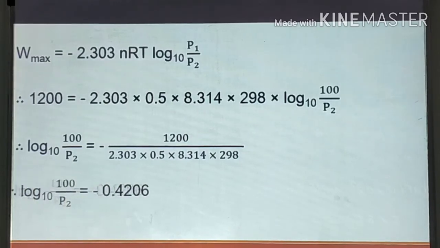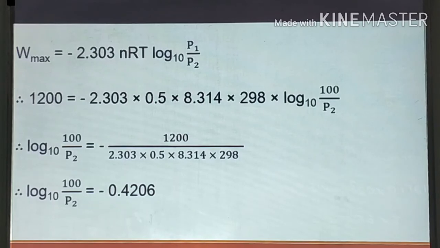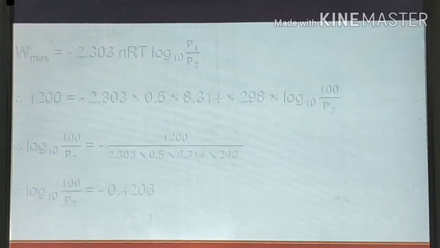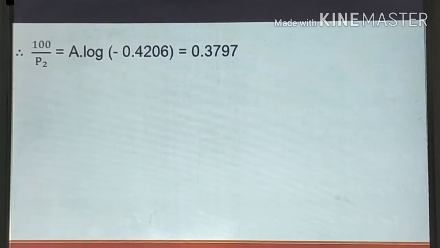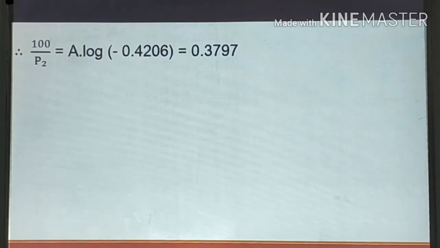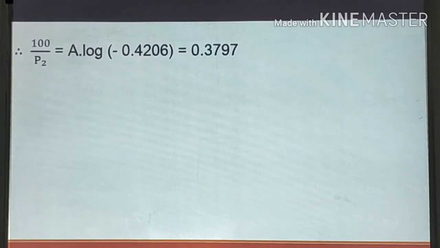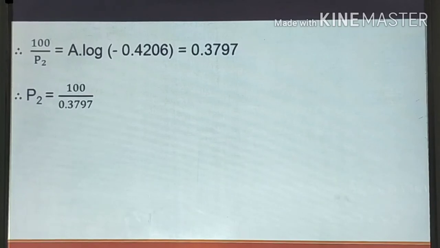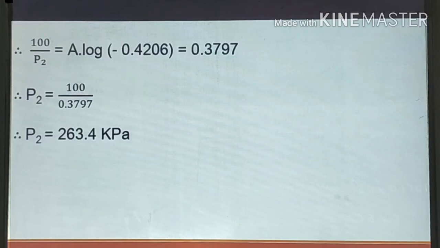Now I will do the calculations and I'll get log of 100 upon P2 is equal to minus 0.4206. So if I get rid of log, then the right side number should be multiplied by anti-log. So 100 upon P2 is equal to anti-log of minus 0.4206. The anti-log of minus 0.4206 is 0.3797. So P2 will be 100 upon 0.3797. So P2 will be equal to 263.4 kilopascal.